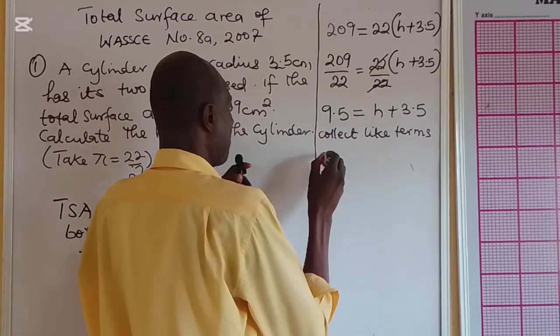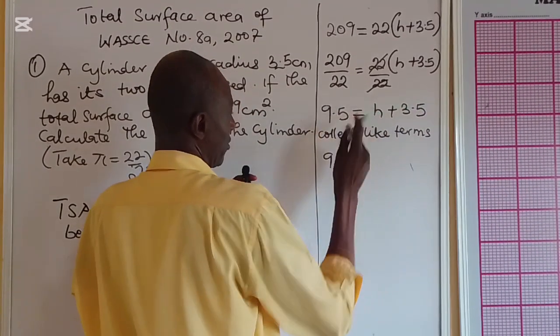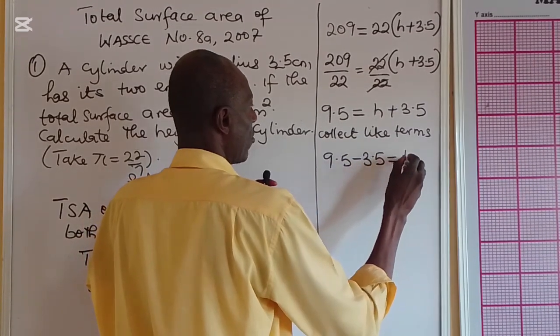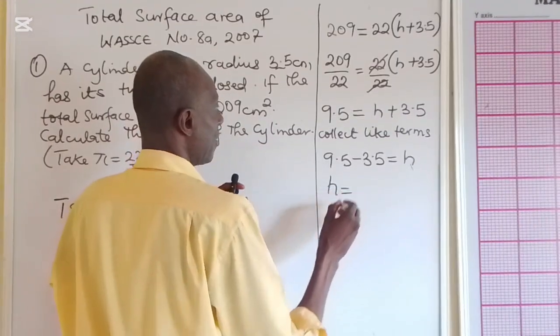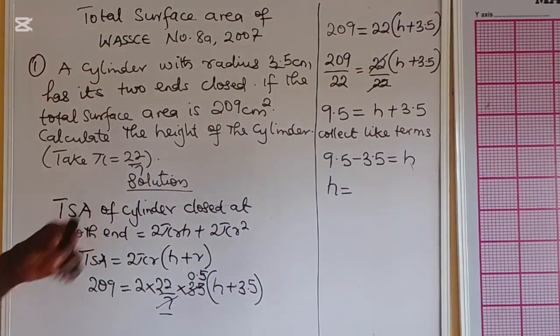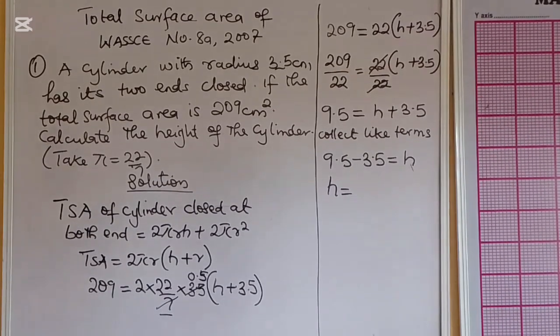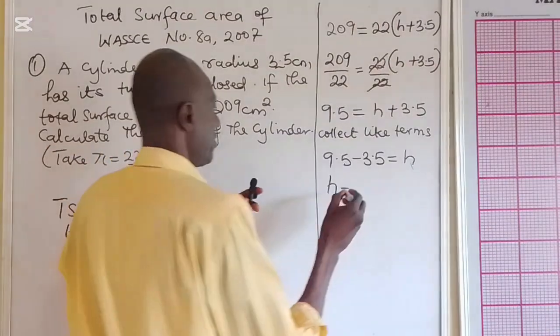So 9.5, when this plus 3.5 crosses, it becomes minus 3.5 equals the height. So let's make the height the subject of the formula. 9.5 minus 3.5 is equal to 6.